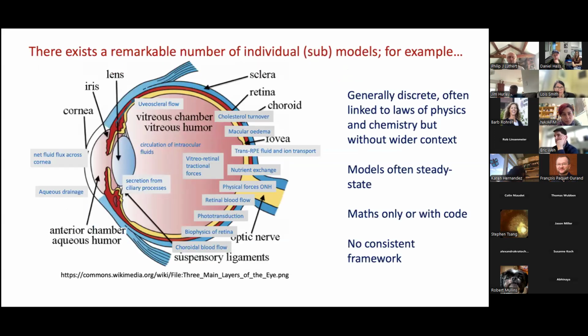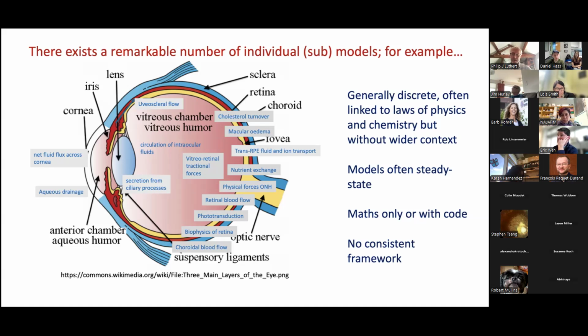Then turning to models that relate to the eye, and this isn't by any manner of means a comprehensive list, there is a remarkable richness of computational models in the literature. They're generally rather standalone and so not readily connected to each other, often steady state.